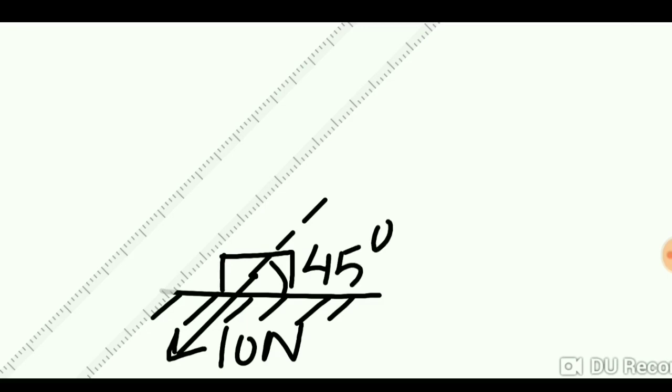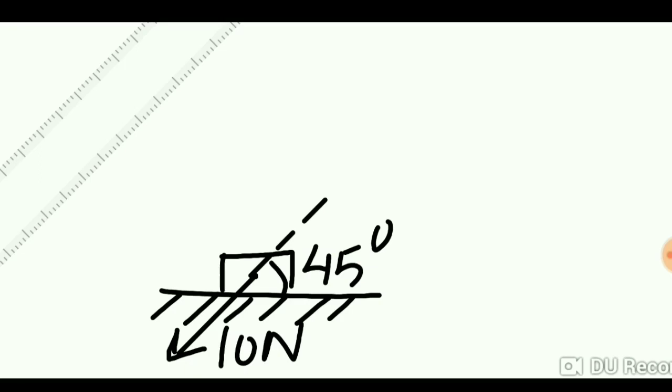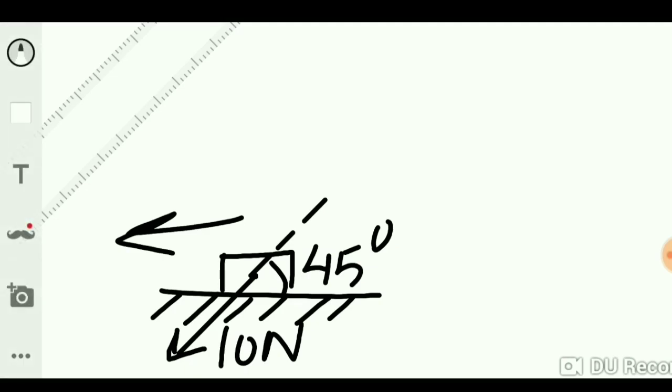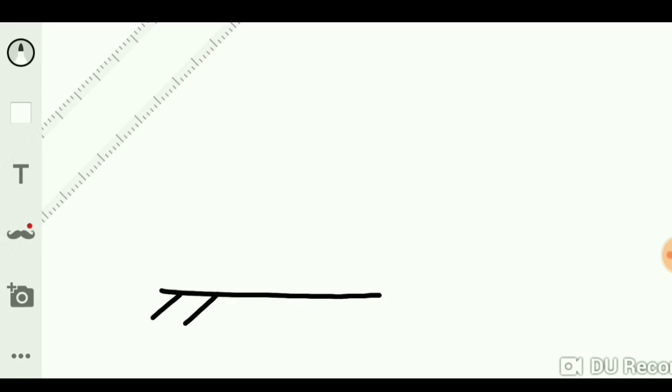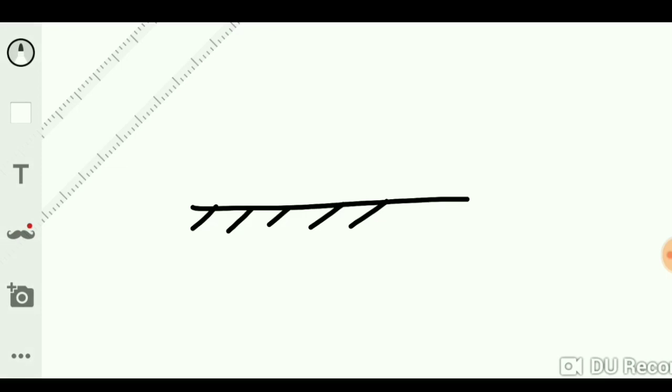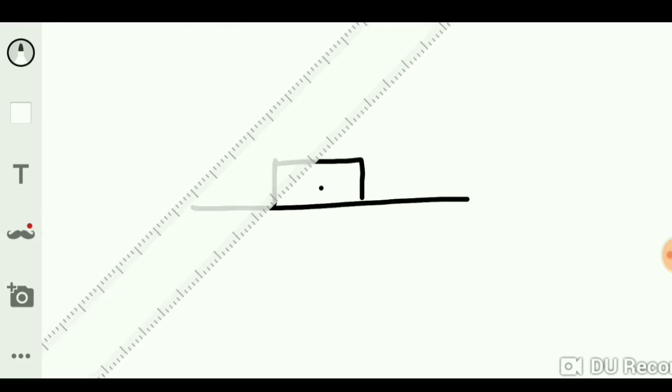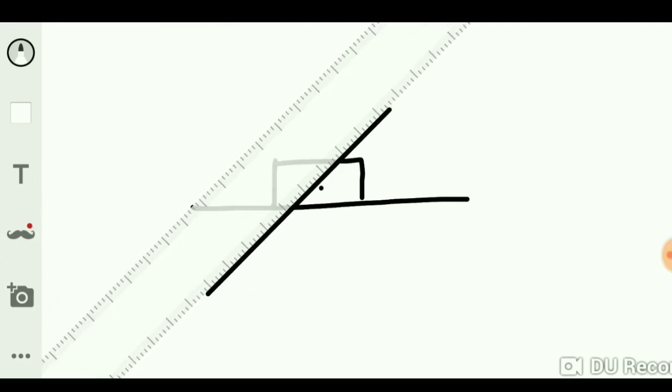Now we want to know how much force will push this block along this direction. So we can do the same thing now. Let's resolve the vector, make it a bit less messy. Take the box, draw the vector.